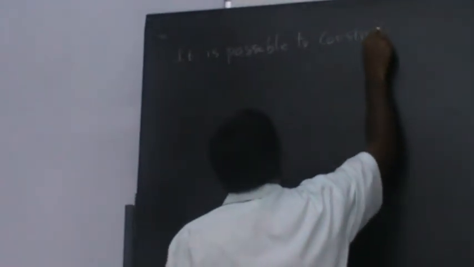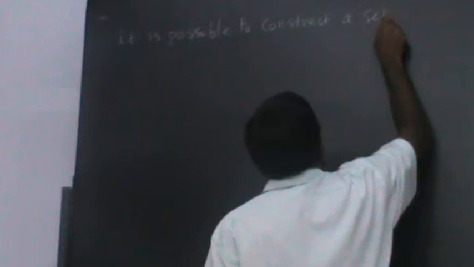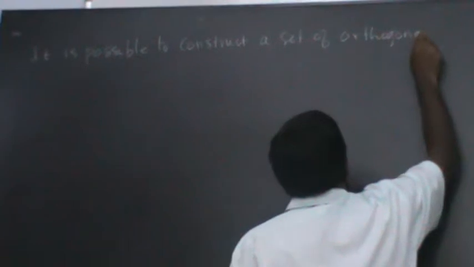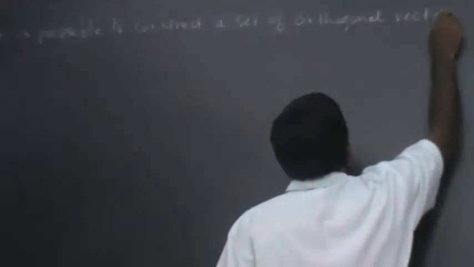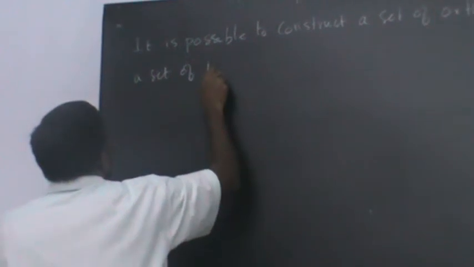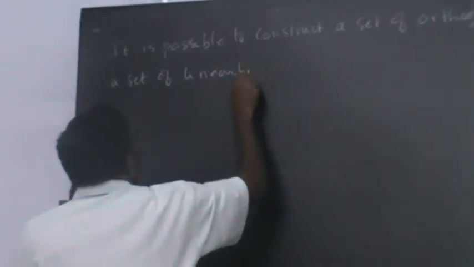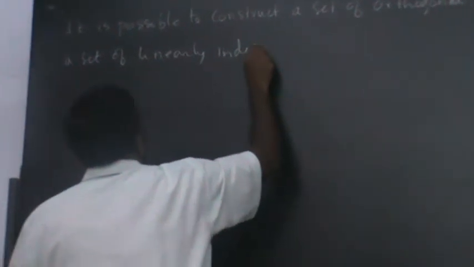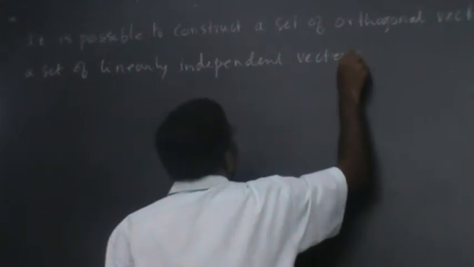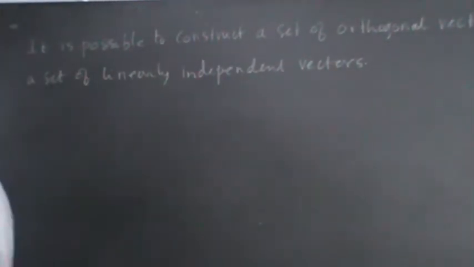So it is possible to construct a set of orthogonal vectors from a set of linearly independent vectors.